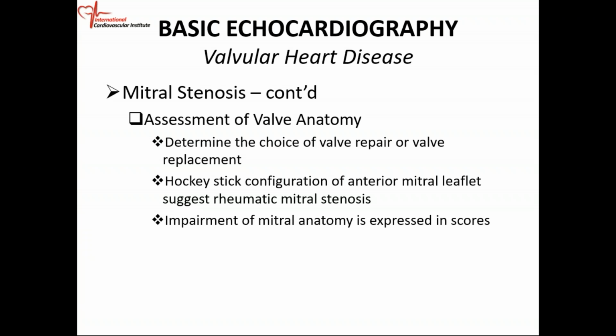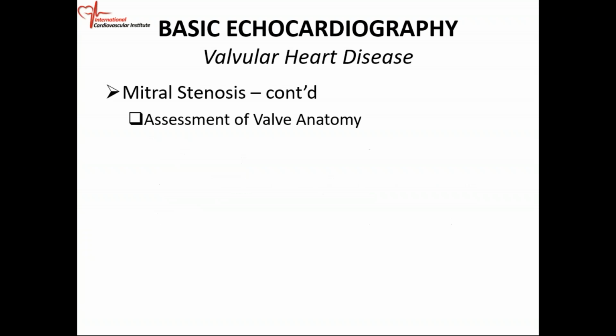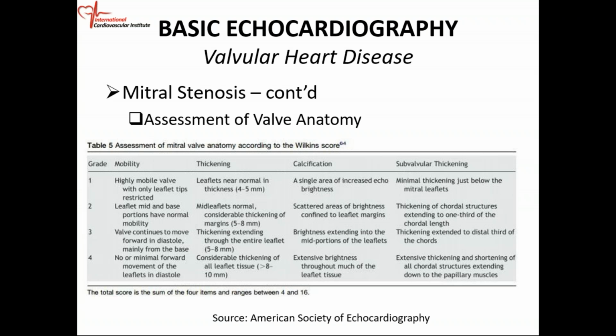Is it shortened? Is it thickened? Is it calcified? All those things are going to help you to determine whether you can repair the valve or you have to replace the valve. So when we're looking at mainly rheumatic mitral stenosis, these are the things that we look at.